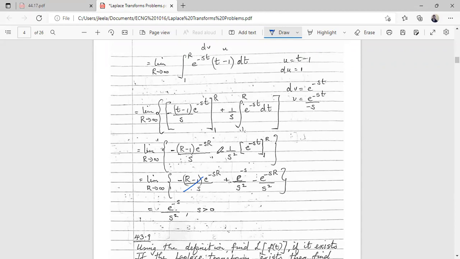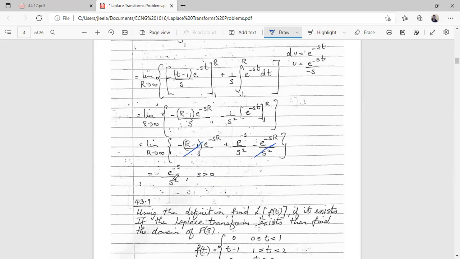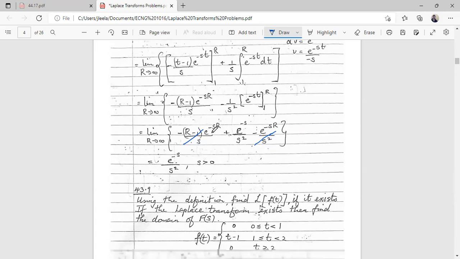And then you have to minus, which is plus 1 over s squared e to the minus s, which is this term here. So we just rearrange them, right? And this term here will also approach 0 because r is approaching infinity, right? So you end up with e to the minus s over s squared, and again, the domain of F(s) is s greater than 0, right?